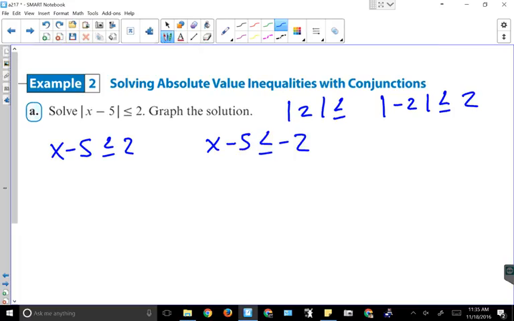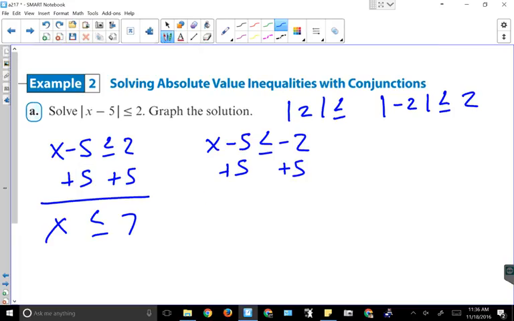Okay, so add 5. x is less than or equal to 7. Add 5, x has to be less than or equal to 3. Now, here we go.